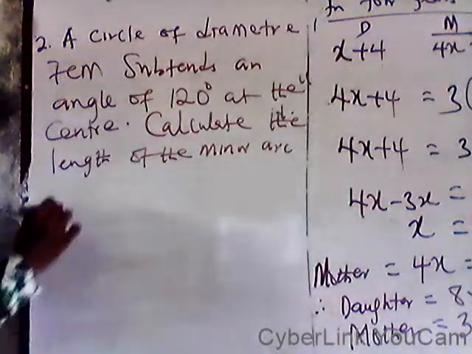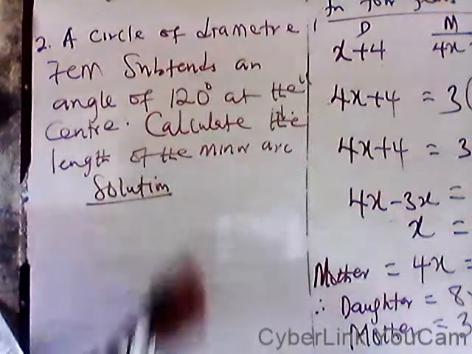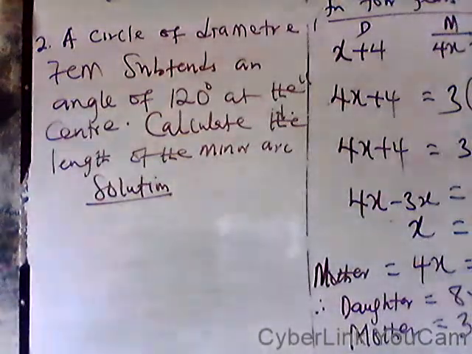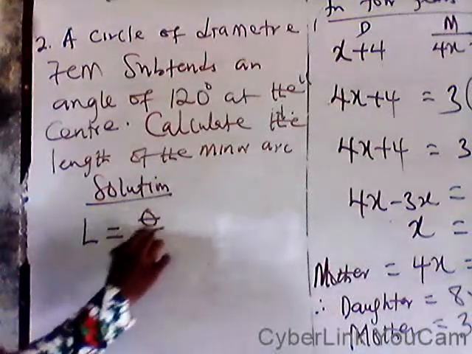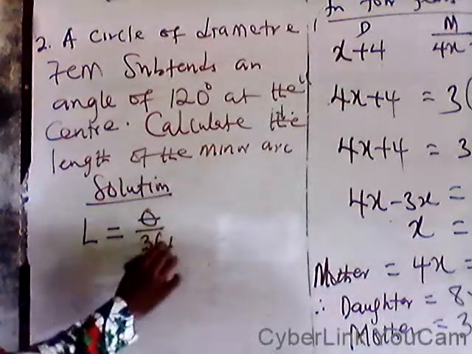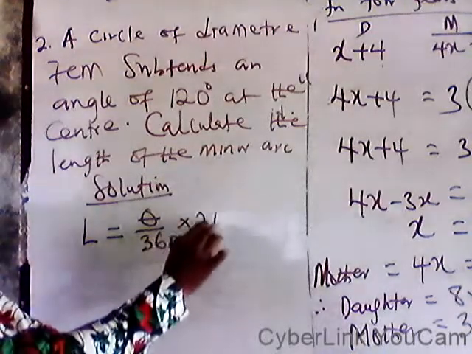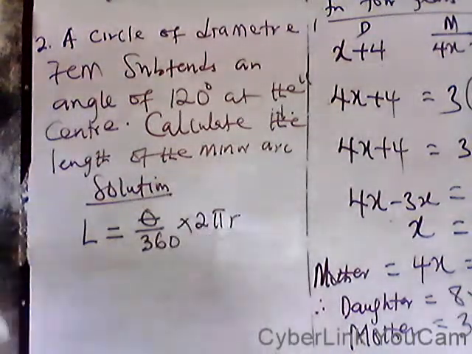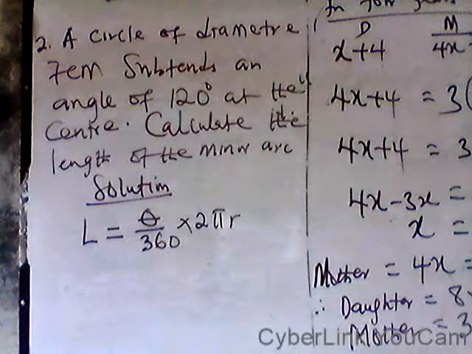We all know the solution. If you have to find the length of an arc, the formula is L equals theta over 360, multiply by 2 pi r. And from the equation, you will see that you cannot see r in the equation. So how do you get to r from the diameter?